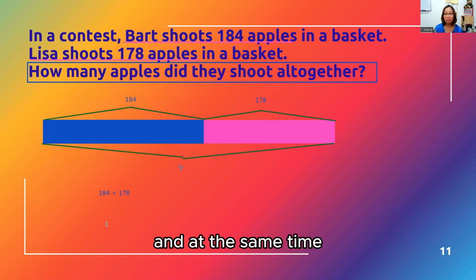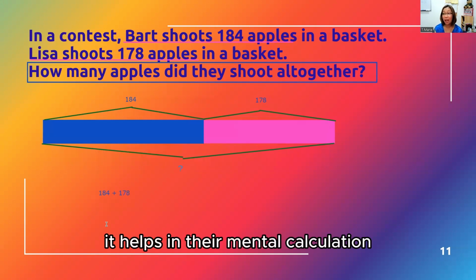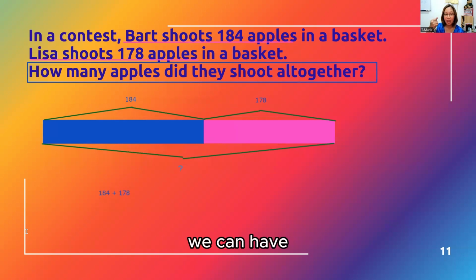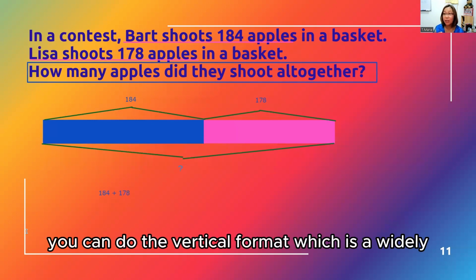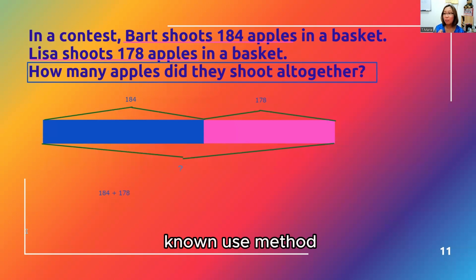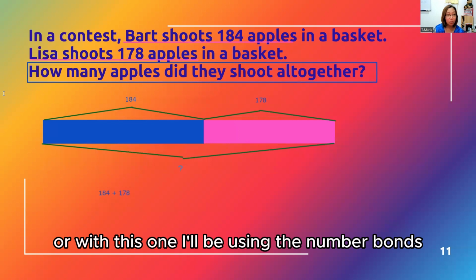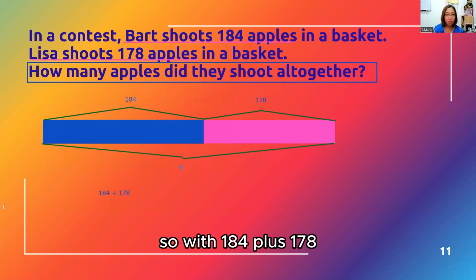And at the same time, it helps in their mental calculation. If you're really good at it, you can do mental computation. You can do the vertical format, which is a widely known method, or you can do the horizontal, or with this one, I'll be using the number bonds. So with 184 plus 178, we'll write it this way.